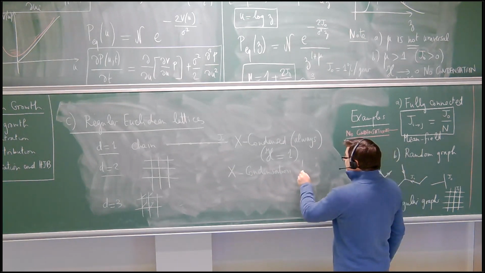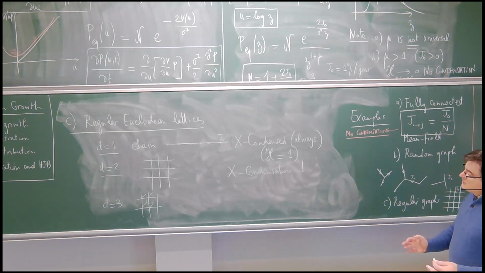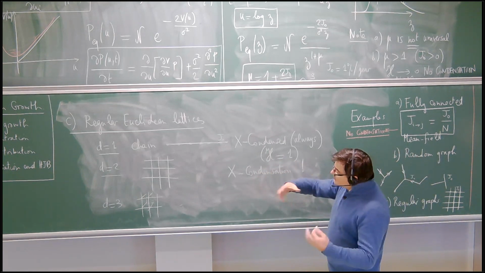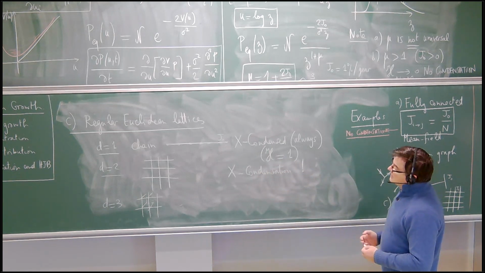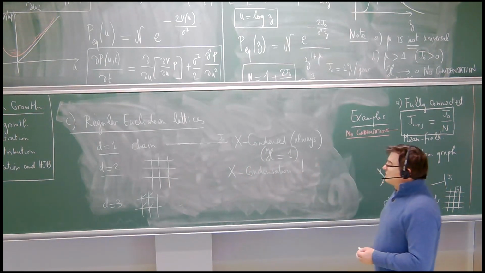It's a little more subtle in the sense that at finite times, you need to wait very, very long times in order to get H equal 1. But asymptotically, as a mathematical statement, D equal 2 is again a case where you get extreme condensation.